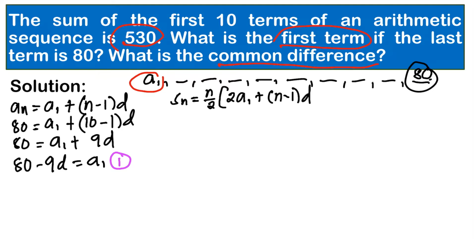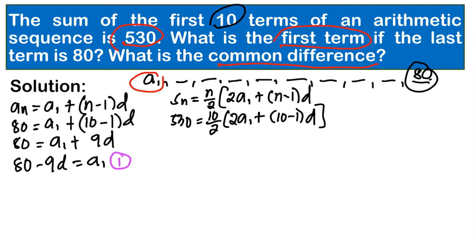The sum is 530, and n is 10, so 10 over 2 times twice the first term, which we don't know, plus 10 minus 1 times the common difference, which is also unknown.